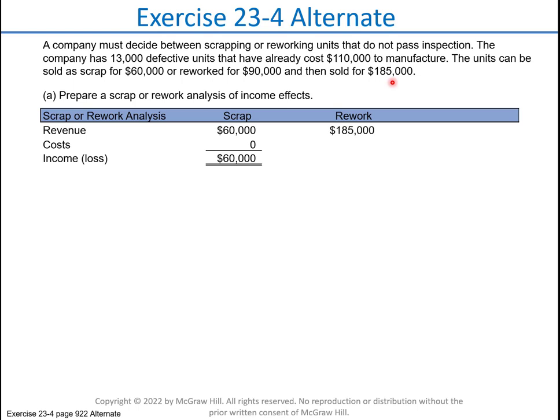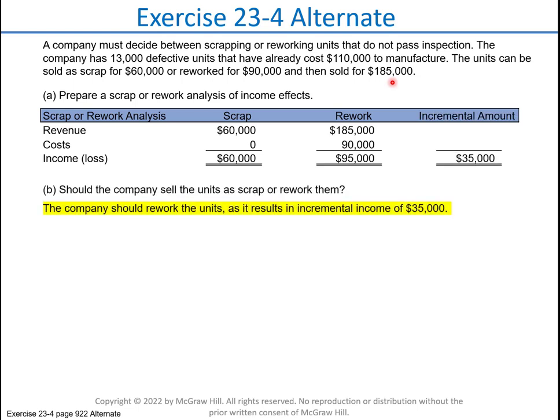If they rework them, they will earn 185,000, but it will cost them 90,000 to do that. So if they rework them, they can earn 95,000 versus if they scrap them, they can only earn 60,000. So they should rework them because they will earn an additional 35,000, which is called incremental income.